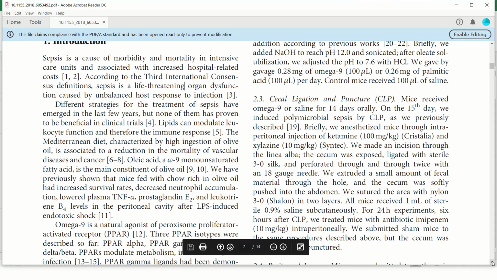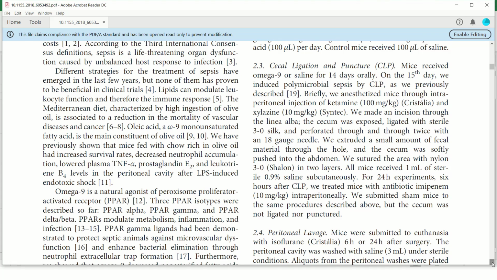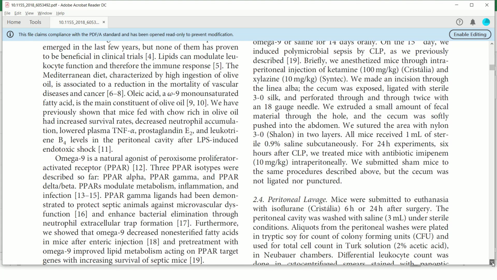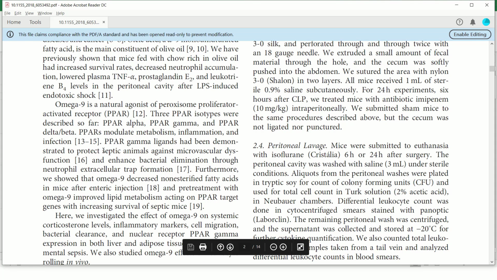They give a lot of background. They don't clearly say, do you take oleic acid as a prophylactic? So essentially, they are saying if you take omega 9, you have to take it continuously for some time, and then your reaction to sepsis will be different, and the outcomes would be different, with increasing survival of septic mice.